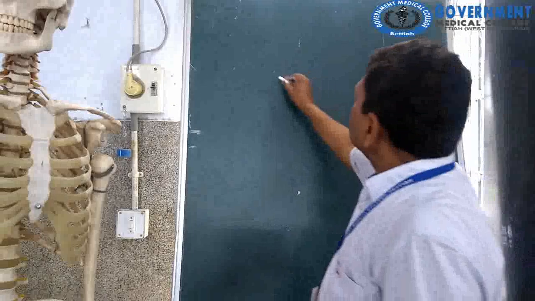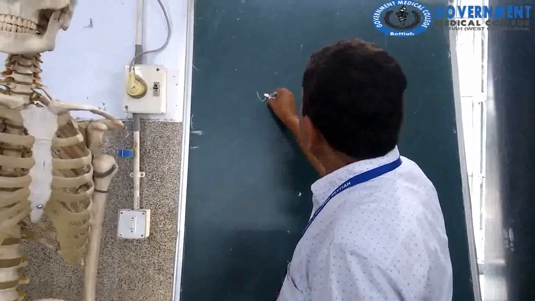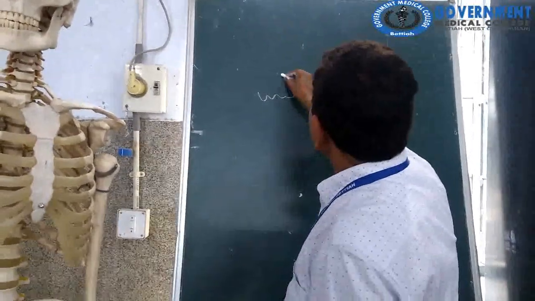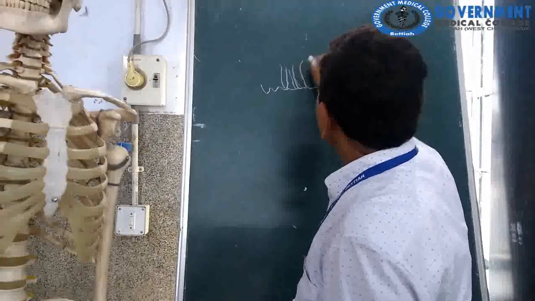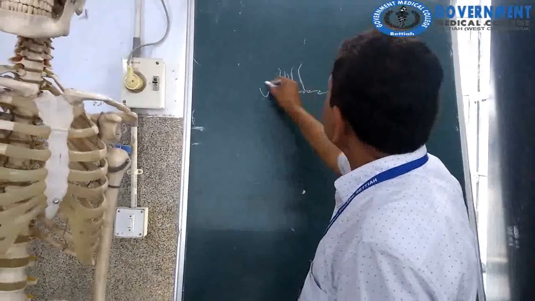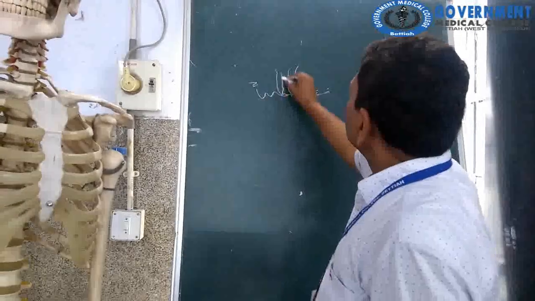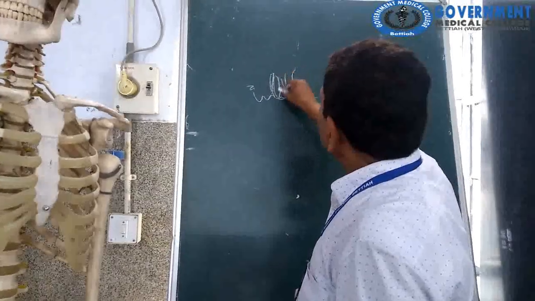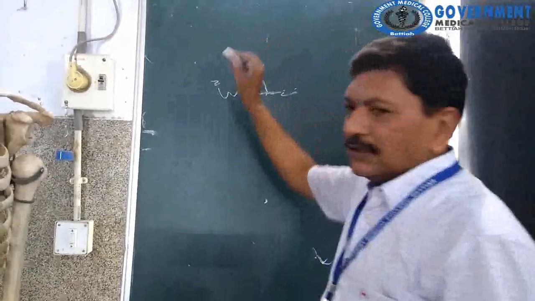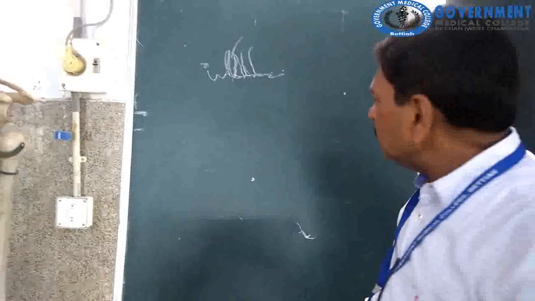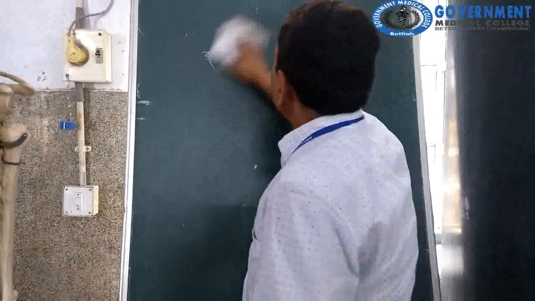The muscularis mucosa is present just outside of these glands. So during contraction of this muscularis mucosa, it facilitates the secretion of gastric glands. This is about the mucosa.